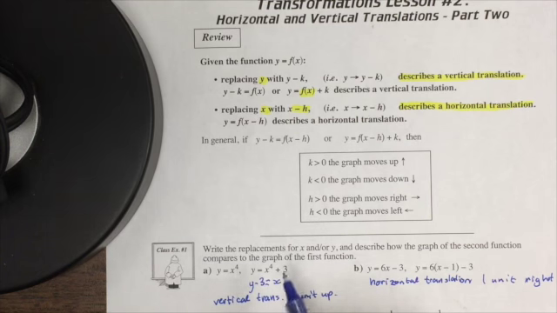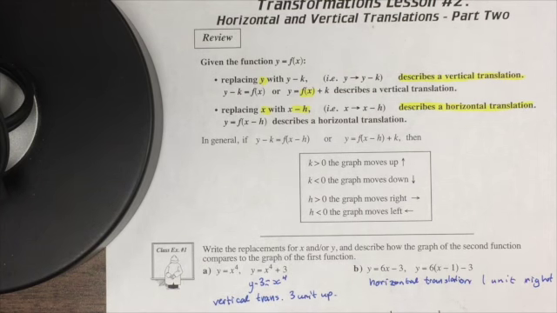And since it's minus 6, this is going to be 6 units right, and 2 units up. And for part D, I'm back to just one translation occurring, and that's going to be horizontal. And since it's plus 1, that's going to be 1 unit to the left.